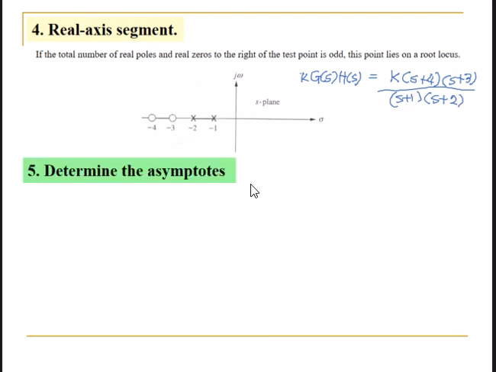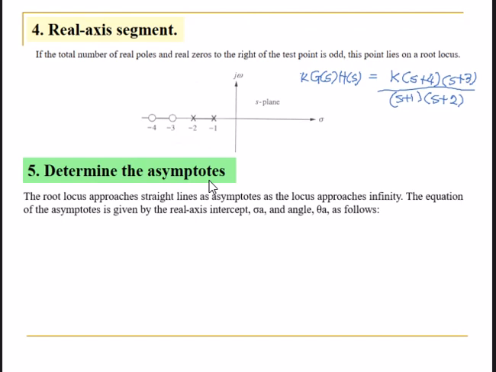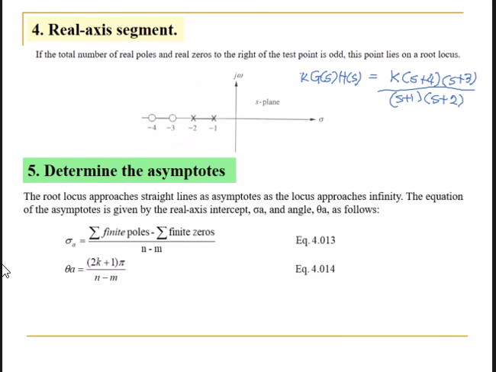Okay, the next step is we need to determine the asymptote. So what is asymptote? Asymptote is the straight line that the root locus approaches as the locus approaches infinity. The equation of asymptote is given by the real axis intercept sigma A and angle theta A as follows. This is the equation that you need to use to determine the asymptote.